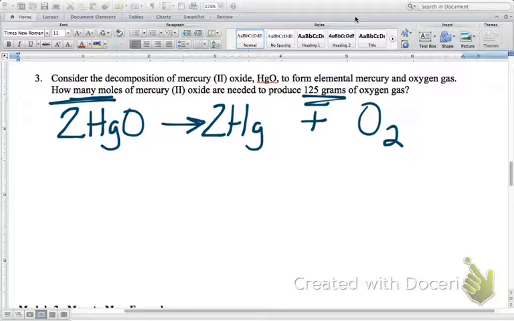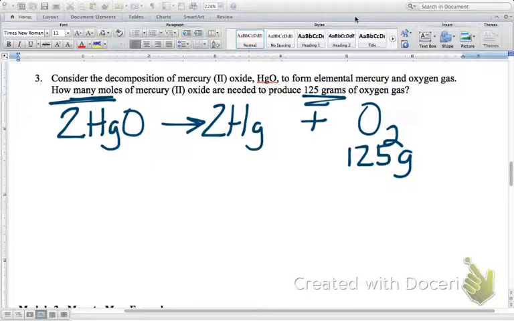Okay? Next, underneath that balanced chemical equation, we write what information we are given and what information we are solving for. So we are given 125 grams of oxygen. Okay? We have only 125 grams of oxygen that are going to be produced.